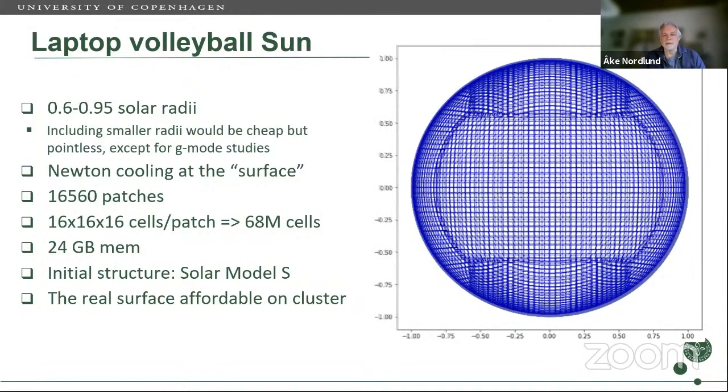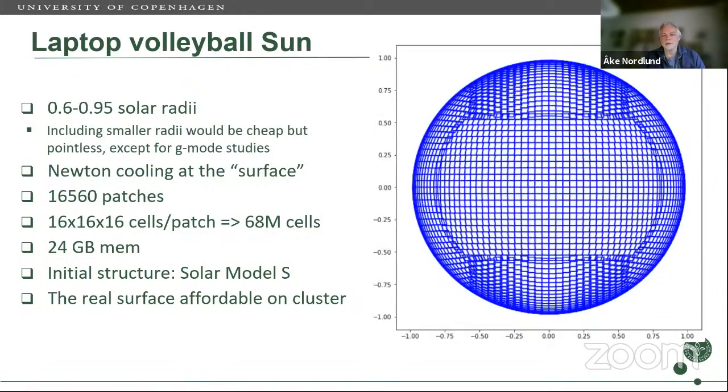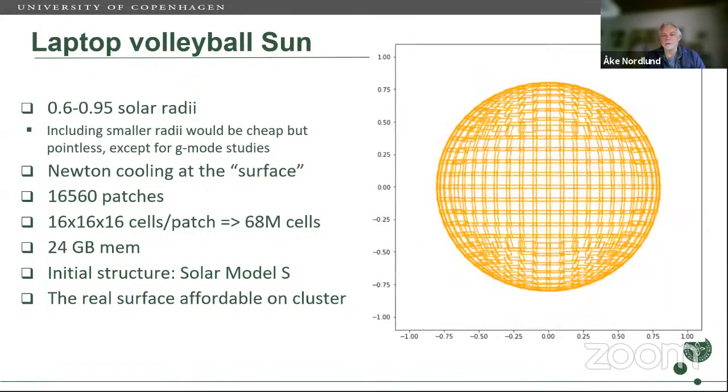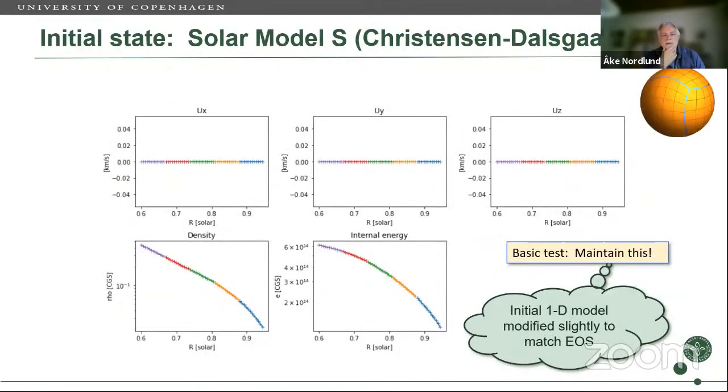Here's a zoom in of the larger and larger things you could do. And here's an actual snapshot of the initial state where you have no velocities, but you have a density and internal energy. That gives you a pressure, which is presumably giving you a balance with the pressure force.